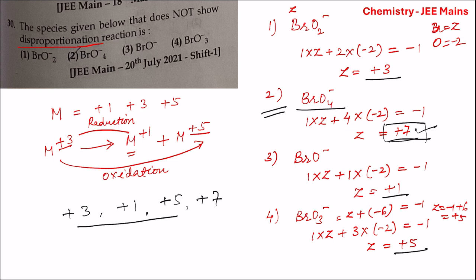So this species can undergo reduction, but simultaneous reduction and oxidation is not possible for BrO4 minus because in this bromine is already in its highest oxidation state. So this BrO4 minus will not show a disproportionation reaction. So the correct option is option 2.